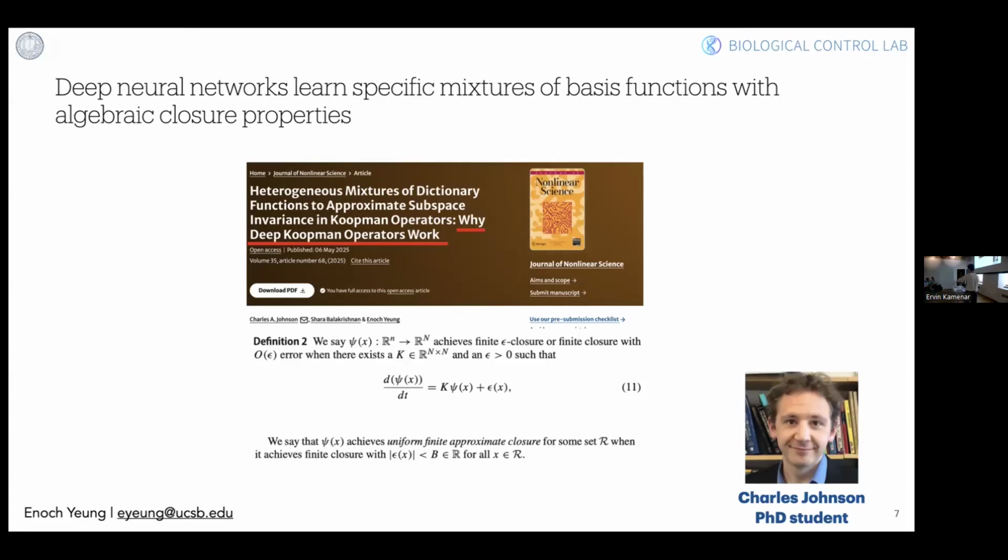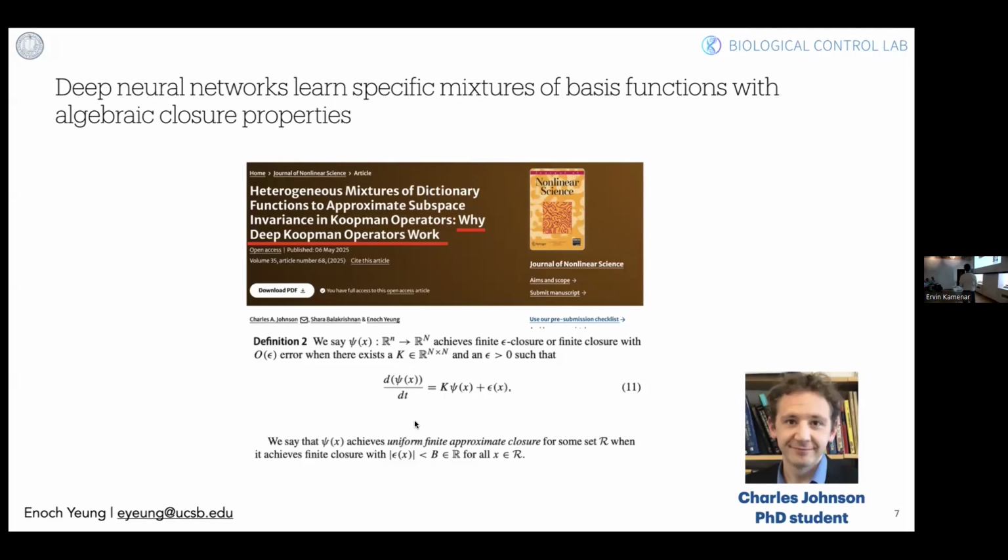You stack them all together to form a vector, right? So we say that this achieves finite epsilon closure, or finite closure with order epsilon error, when there exists a projection of the Koopman operator, K in R^(n by n), and an epsilon greater than 0 such that d psi/dt is equal to K psi plus epsilon of x.